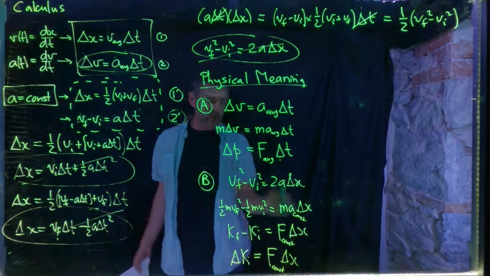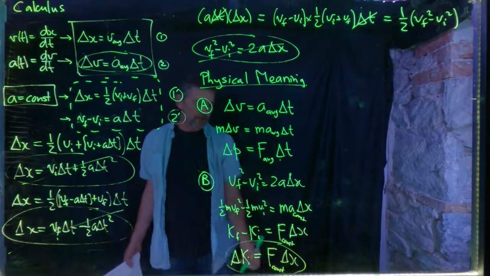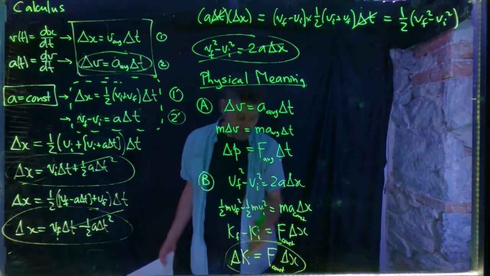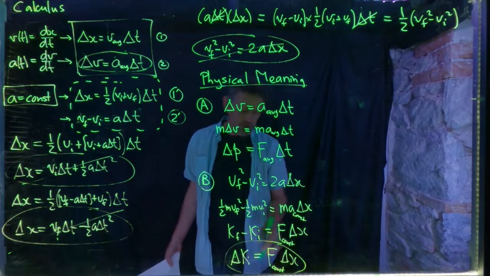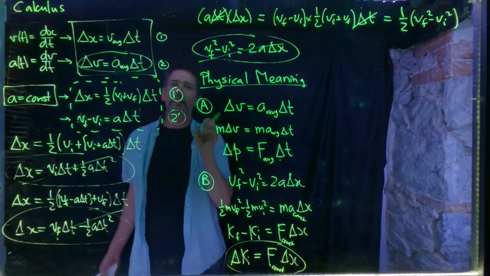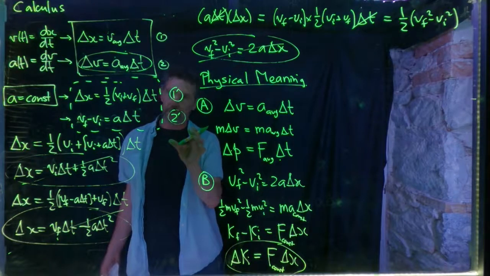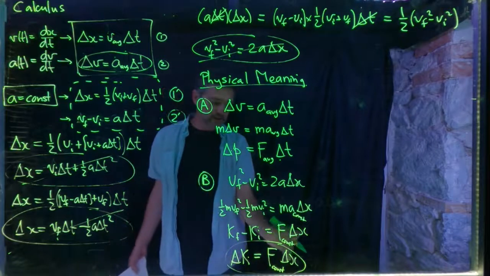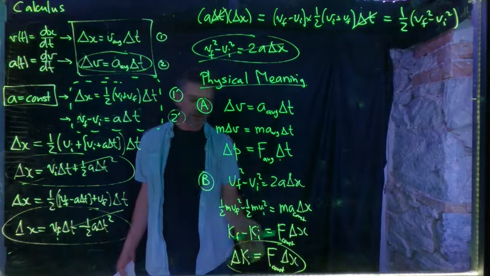And so this you recognize as the work kinetic energy equation. So the work done by a constant force is the value of the constant force times the displacement delta x. Okay, and that work done is transfer of energy. That's the change in the kinetic energy of the object.